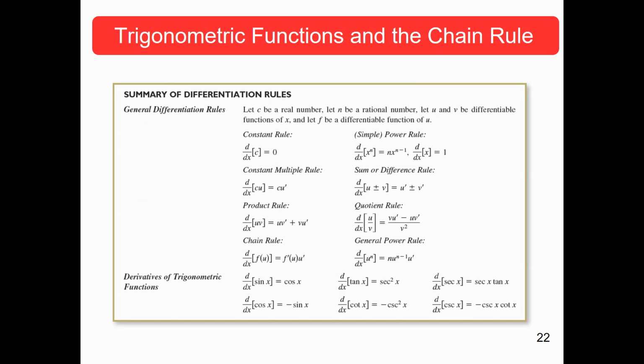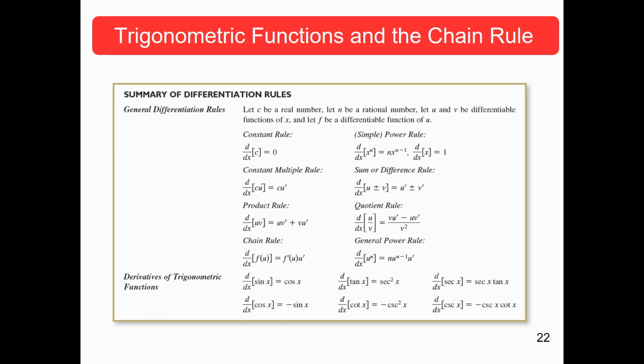We've got our general differentiation rules. The derivative of a constant is 0. Simple power rule. This is just when we have x to some power. Bring that out front, decrease the exponent by 1. Constant multiple rule. If we've got c times some function, we just multiply the constant times the derivative of the function itself.